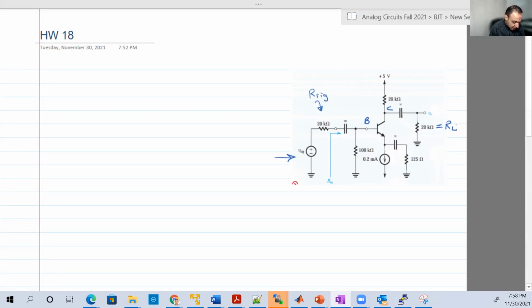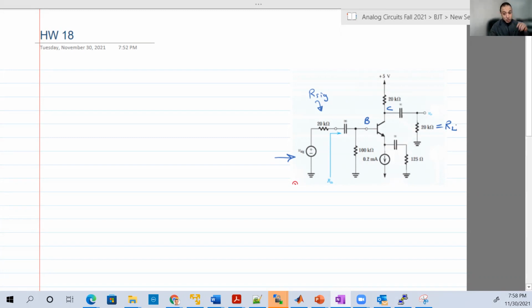One thing here that we didn't practice in lectures is that we have a DC current source as one of the ways to bias the circuit. We started biasing using multiple ways. This is one way, to connect a current source.